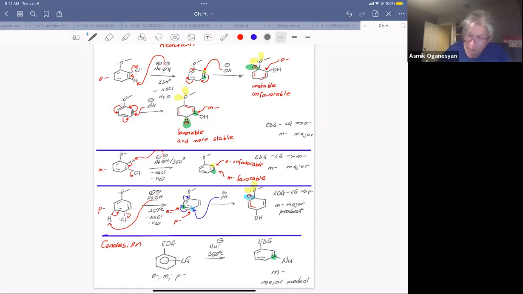So we're going to move the electrons back, stabilize, move the electrons back onto this position, and the proton, or H, is on the meta position. So now we have made the double bond here, and put a lone pair of electrons onto this position.